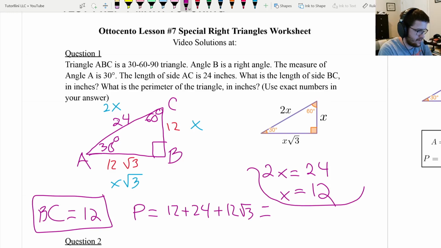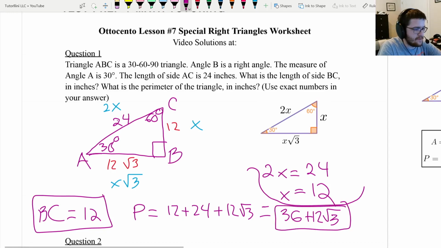I think that's the only thing we can simplify. Yep, that looks good. And again, you never really have to put units on the SAT, so I'm kind of saving space here, but you should be mindful of it. So the BC is 12 inches. That's good. And then the perimeter is 36 plus 12 root 3 inches.